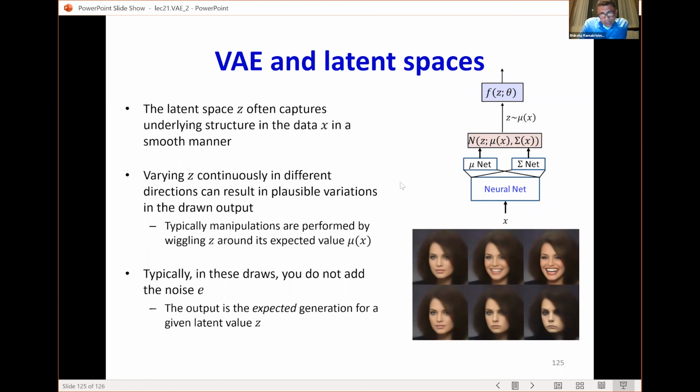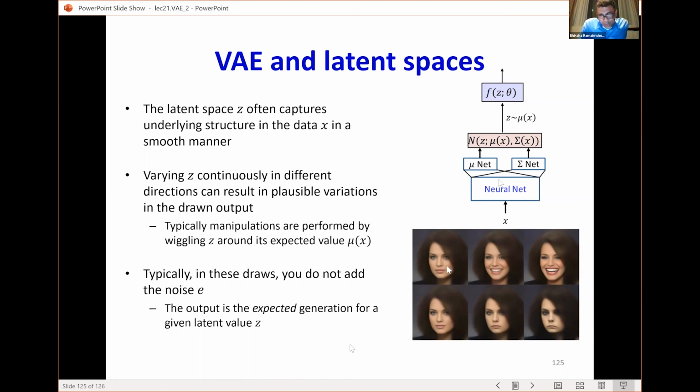So if I started off with two x's, the first x was this face, and I got a mu from it, and I got a second x, which was this face, and I got a mu from it, then if I take any Gaussian whose mean lies linearly between the mu of x for this face and the mu of x for this face, and then generate z's from that and pass them through F, the faces it generates are also going to be some kind of linear interpolations between these two limits.